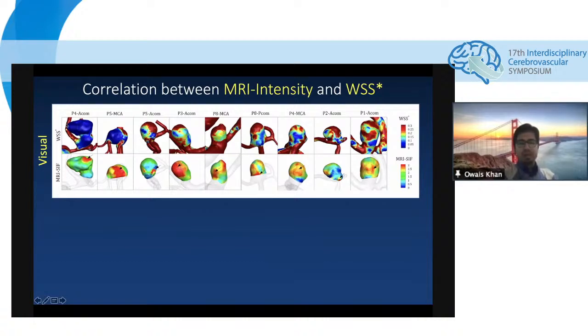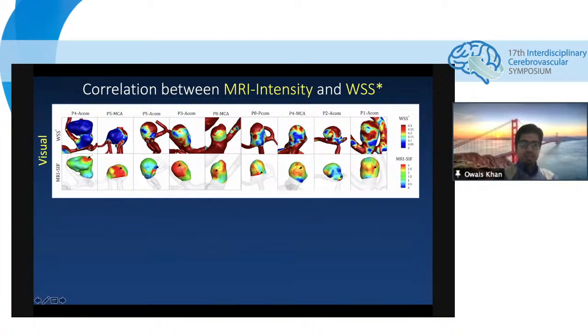So in the top row, I'm showing normalized wall shear stresses, normalized to the parent artery. And in the bottom row, I'm showing the MRI signal intensity factor that we quantified earlier. What we noticed was that the regions that had the lowest wall shear stresses from the CFD analysis were the regions that showed maximum MRI signal intensity, right?